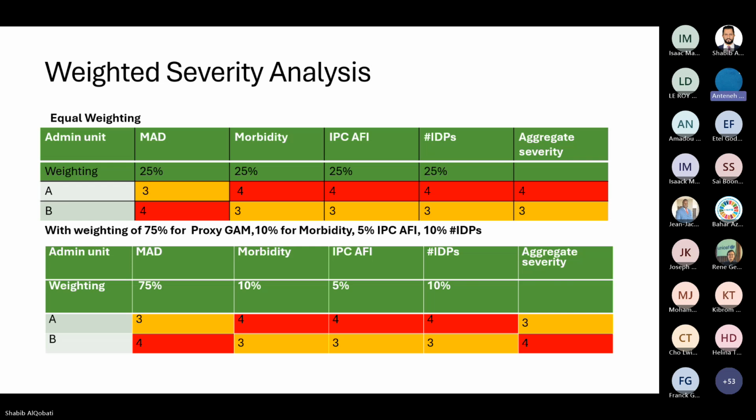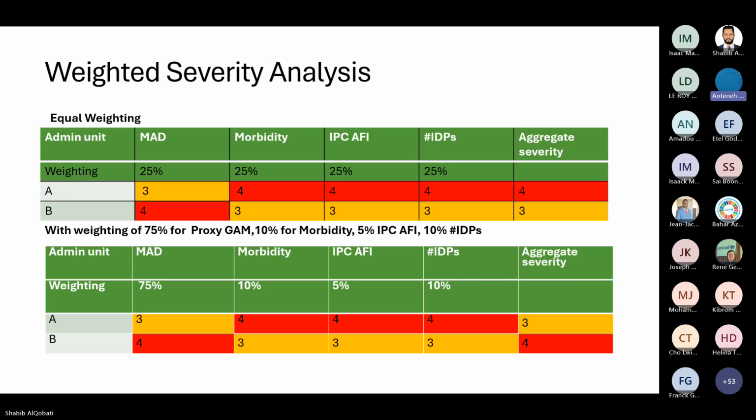In admin area B, you can see the minimum acceptable diet is severity 4, but we have introduced three additional indicators, and they are severity 3.